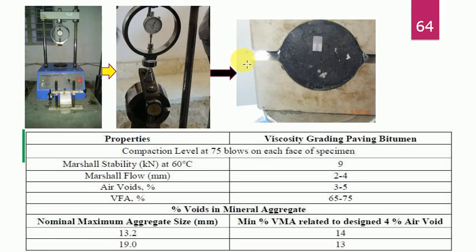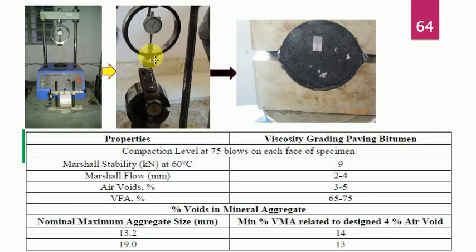The load is applied perpendicular to the axis of the cylindrical specimen through the testing head that consists of a pair of cylindrical segments, at a constant rate of deformation of 51 millimeter per minute.